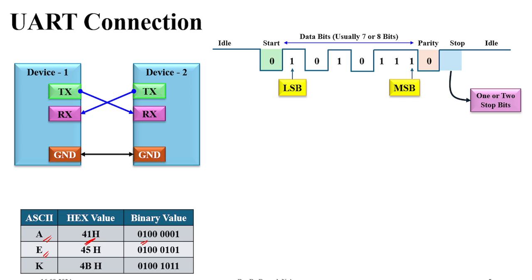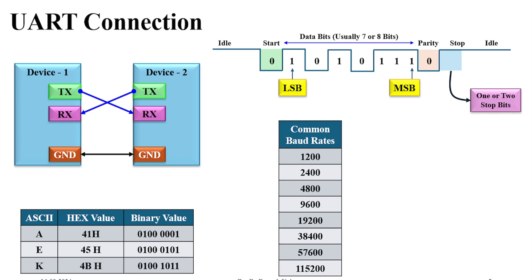So we can cross check all the messages by using the ASCII table. If we have the ASCII table with us, then we can cross check all the messages using the UART protocol, or we can use logic analyzers to demodulate or reconstruct all the message signals.